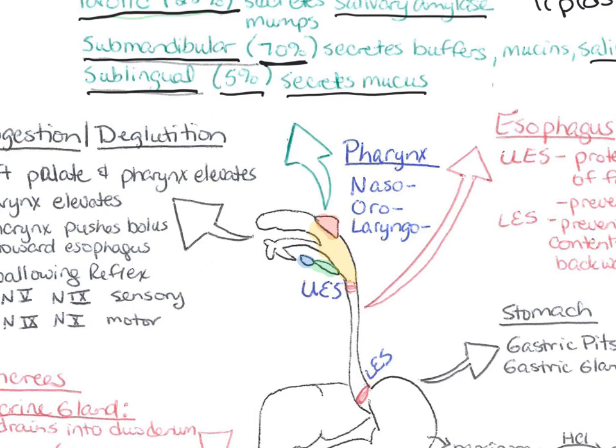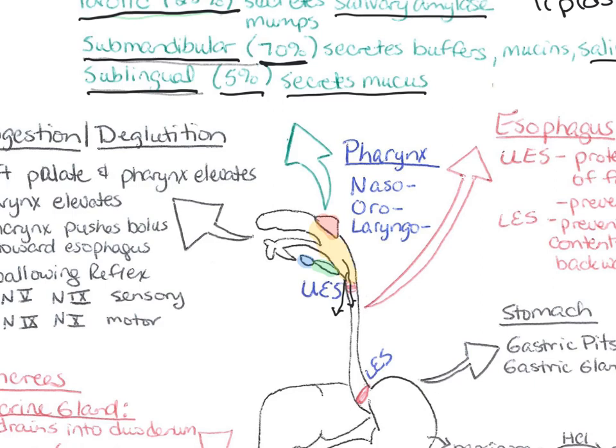So the pharynx is actually a common pathway for both the respiratory tract and the digestive tract. It allows both air and food to pass through it. The air will be going from the pharynx into the trachea, which is in front of the esophagus, and then food will lead from the pharynx into the esophagus.